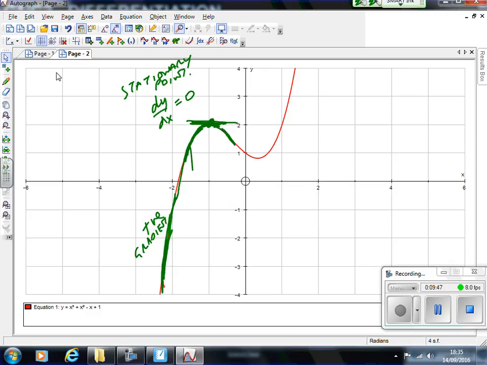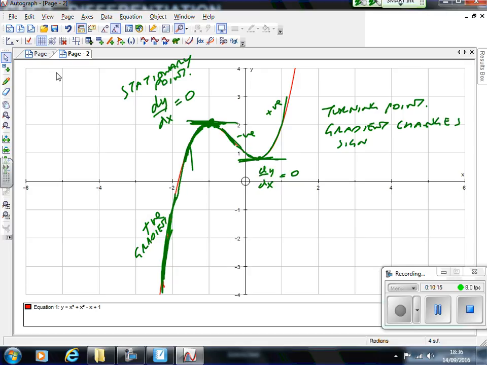And then the gradient becomes negative, and then bang, we reach this other point, a stationary point, because our tangent has gradient 0. And then we've got a positive gradient again. So a turning point is when your gradient changes sign.